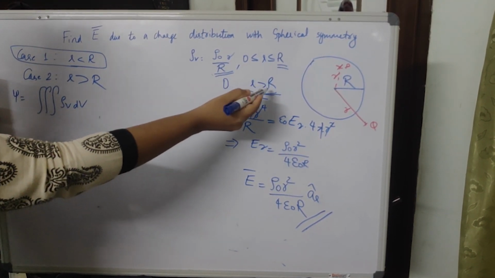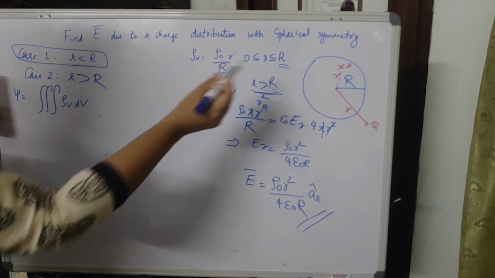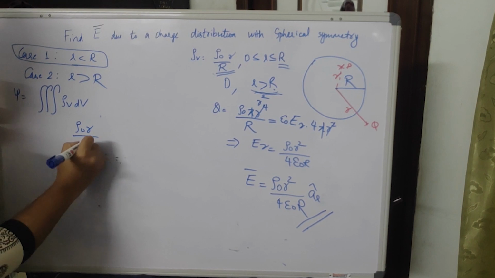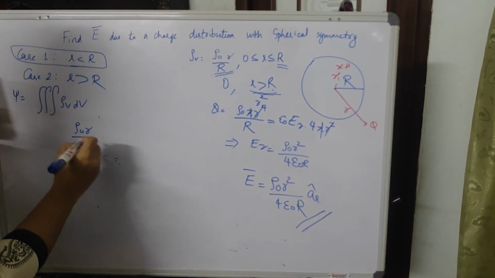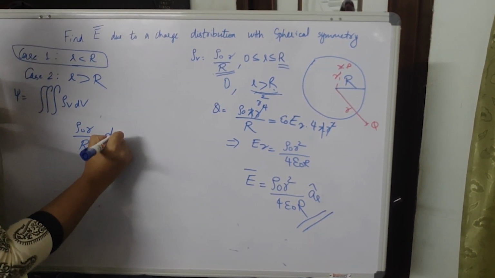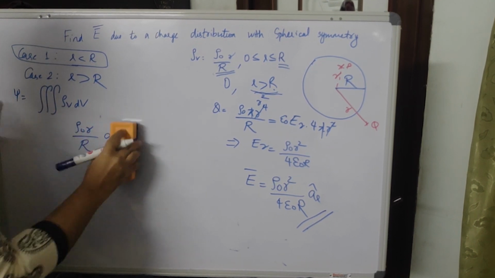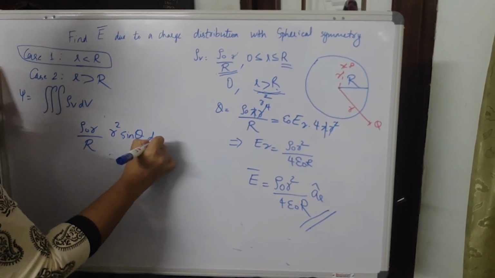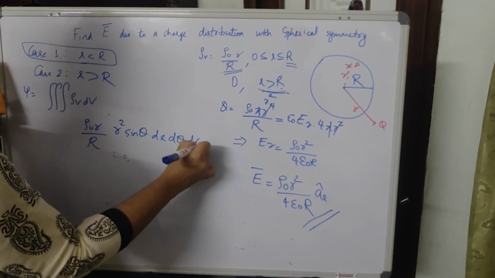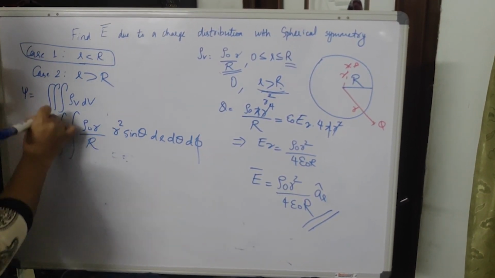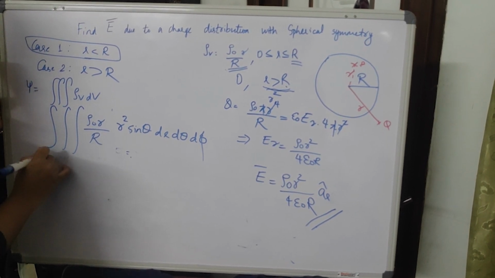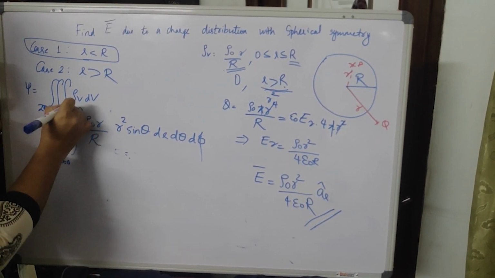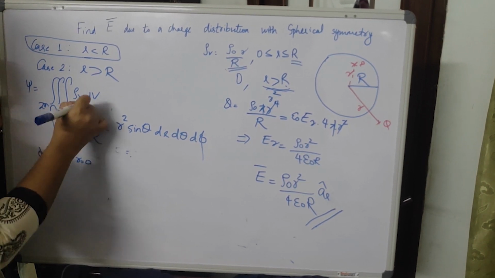So you just have to take the value till R. Again what you are writing is rho naught r by capital R, this is the rho v, and the volume element will be r square sin theta dr d theta d phi. Phi will be varying from 0 to 2 pi, theta from 0 to pi, and r from 0 to capital R.